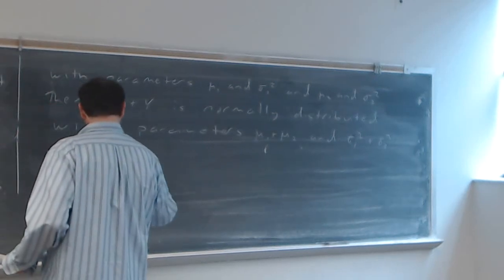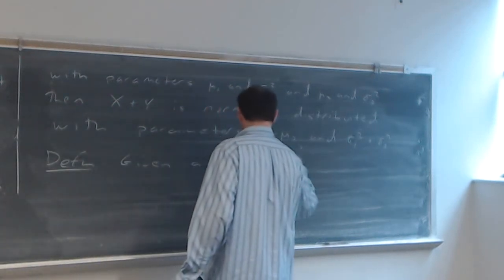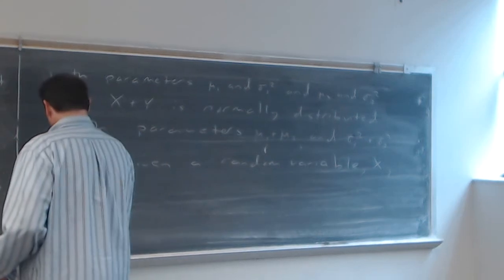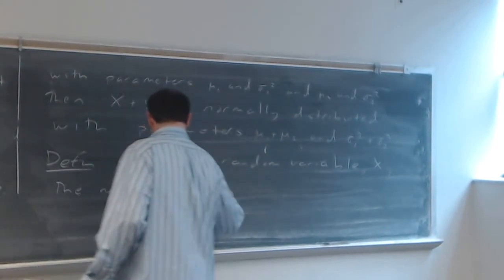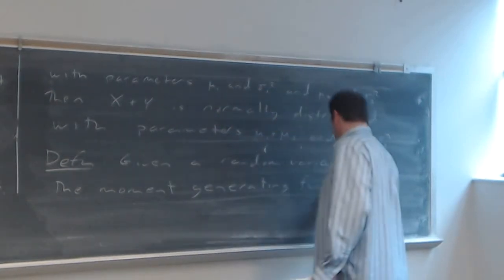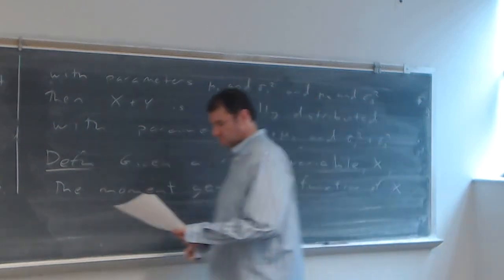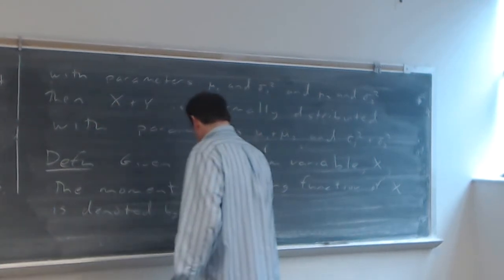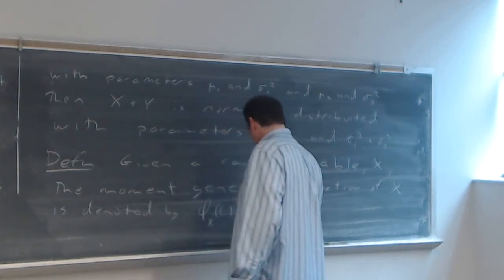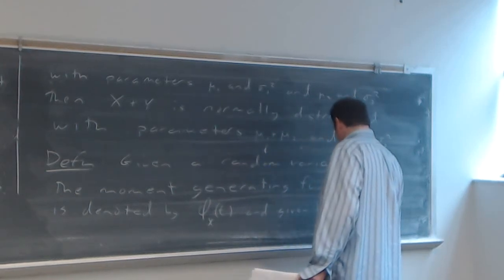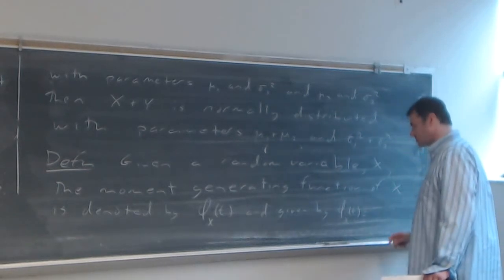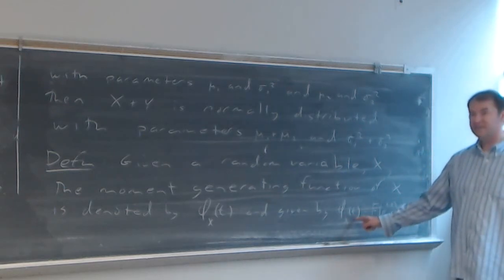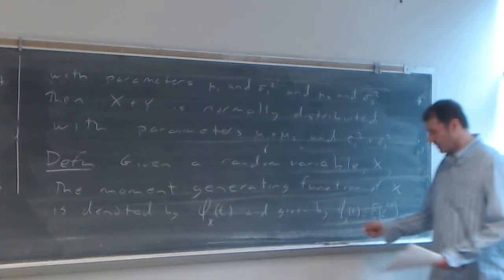Given a random variable X, the moment generating function of X is denoted by phi sub X of t and given by phi sub X of t is equal to the expected value of e raised to the tX. So phi sub X of t is a function of t.